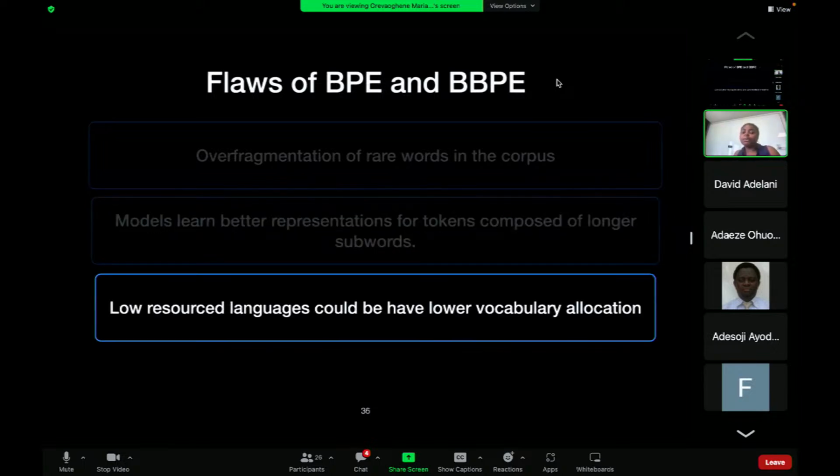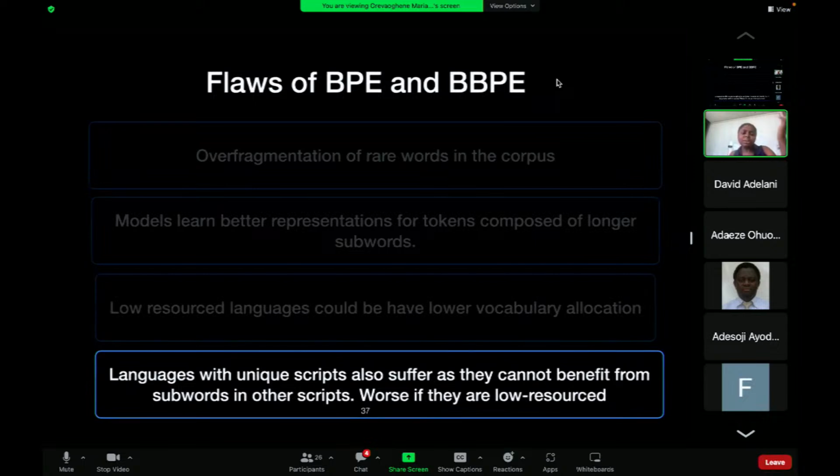Also, low resource languages could have lower vocabulary allocation, because building these tokenizers is based on frequency. So languages that have less data in the pre-training data would mostly suffer. Languages with unique scripts would also suffer, because they cannot benefit from subwords in other scripts.